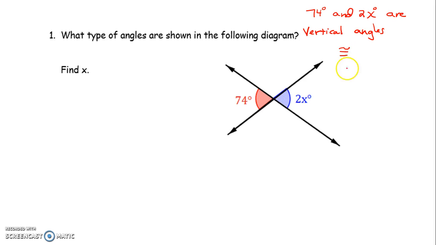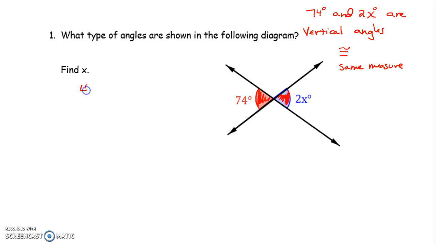They're congruent. And once you know these are congruent angles, in mathematics, when things are the same, they are equal to one another.